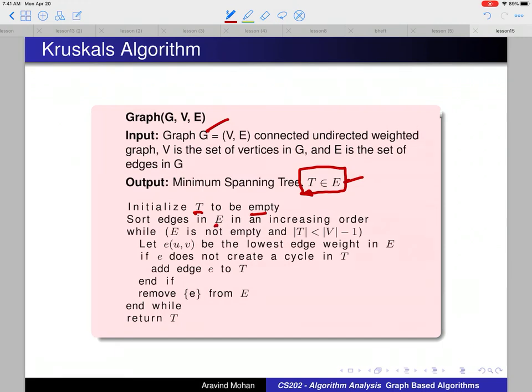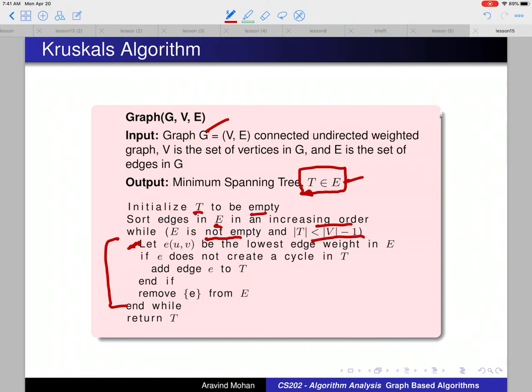Then we sort the edges in E in increasing order, right? Then we run a while loop, and this while loop runs while E is not empty and the size of T is less than V minus 1, right? As long as T is less than V minus 1, we go inside, we take the next minimum edge, and then we check.